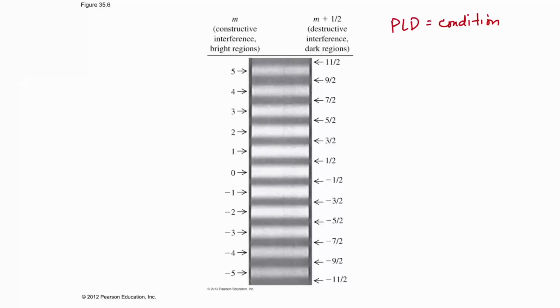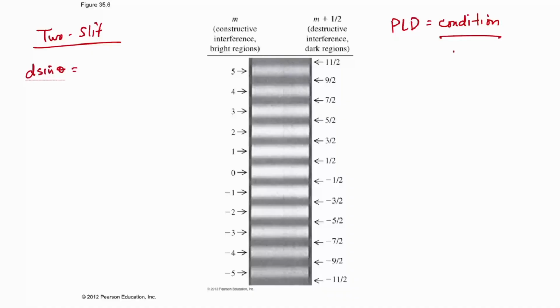Again, I'm going to teach you how to get through all of that. But let's talk about the double slit. For the two slit interference case, we know our path length difference is d sine theta. It's path length difference equals condition. So let's talk about these conditions that we can have.